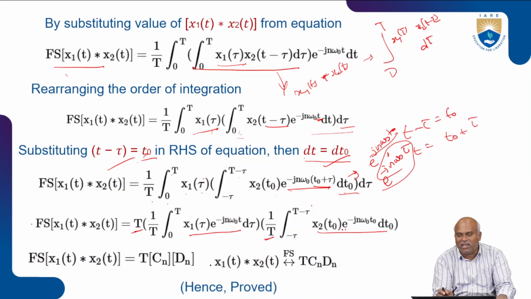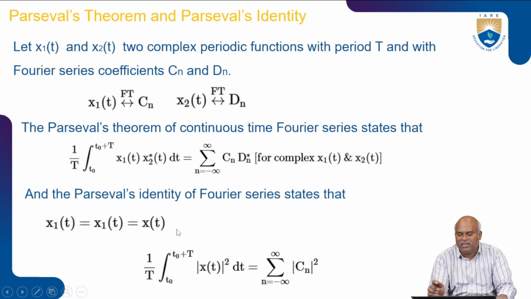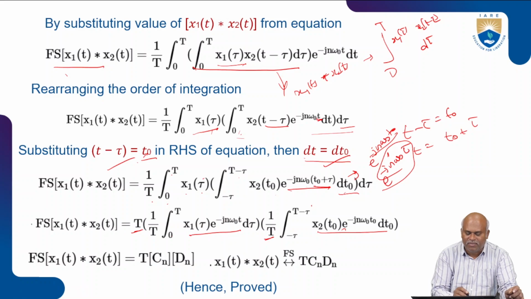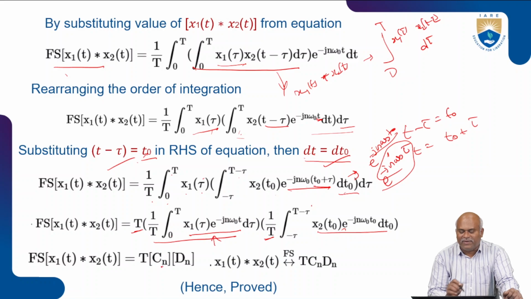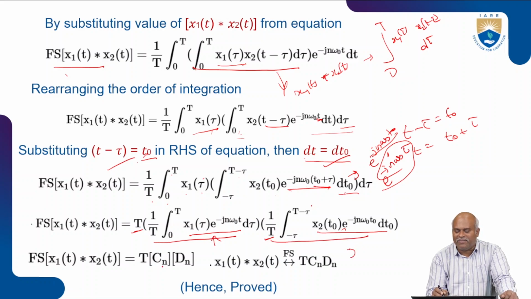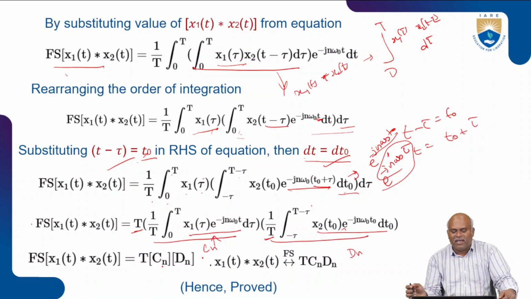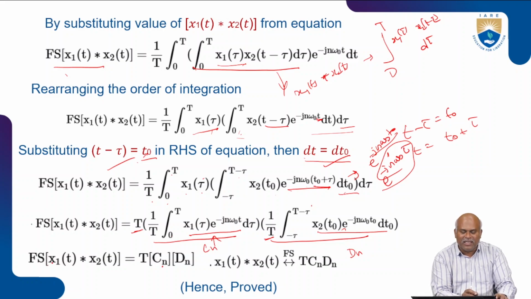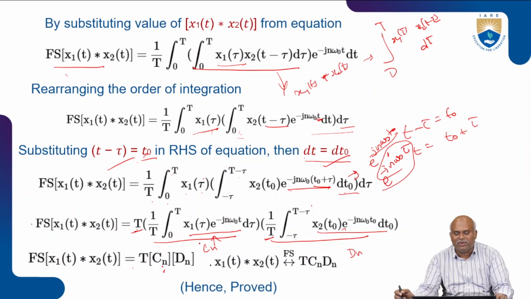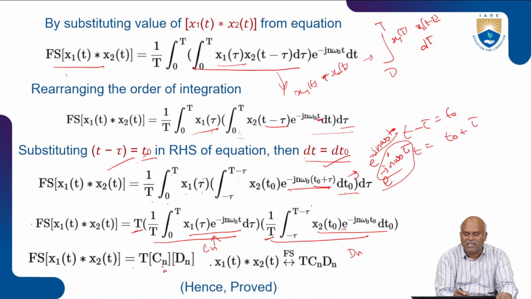Now two integrations are going to happen, multiplied with 1 by T. Here I multiply with 1 by T. In this case, this entire term we represent as c of n.